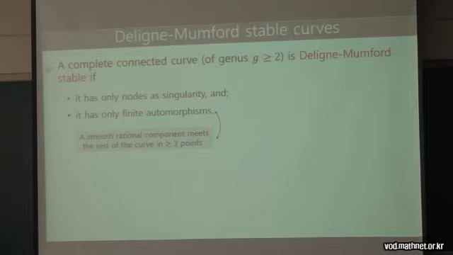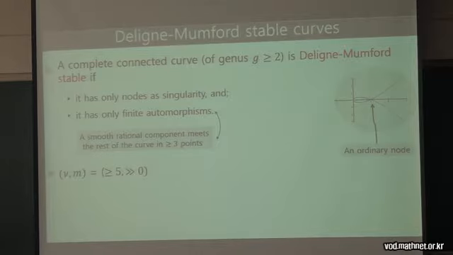The same condition says that if you have a smooth rational component, it has to meet the rest at least 3 points. If you fix 3 points on P1, then there is no automorphism, right? So this is a picture of a node.